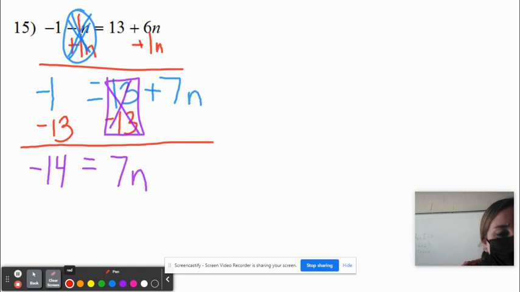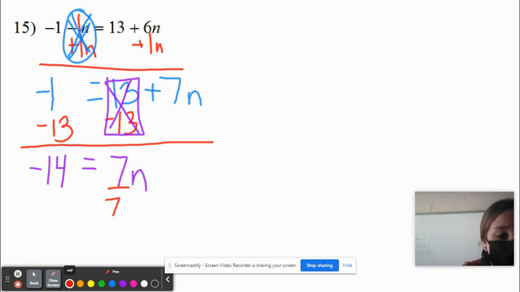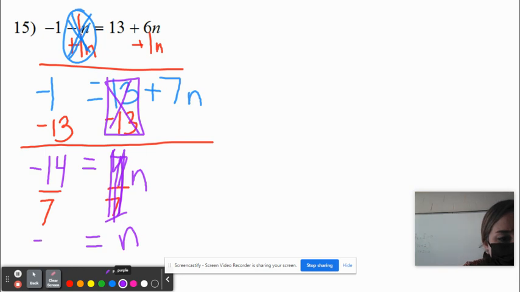And to isolate the n, to get the n alone, 7 times n, we're going to divide both sides by 7, giving us 1n over here. Negative divided by positive is a negative. 14 divided by 7 is 2. Final answer.